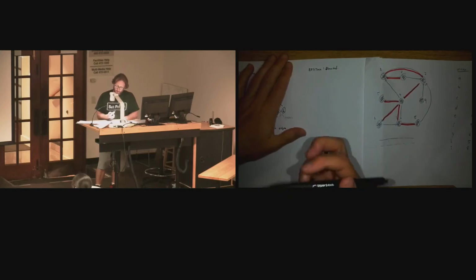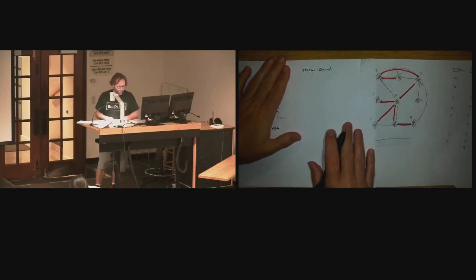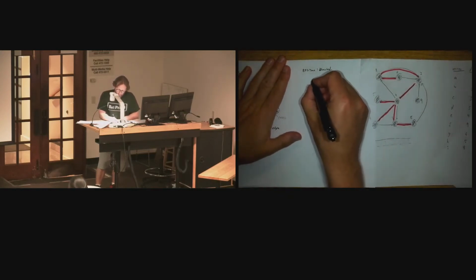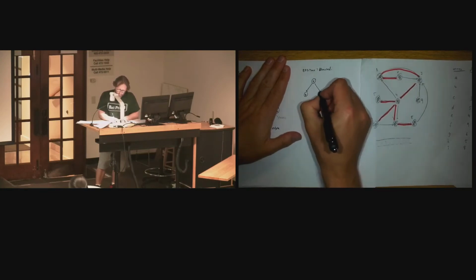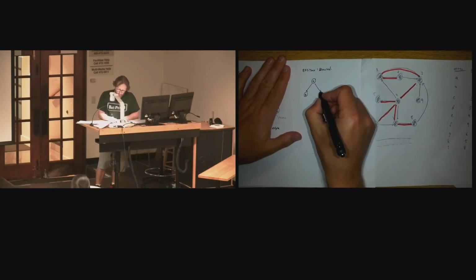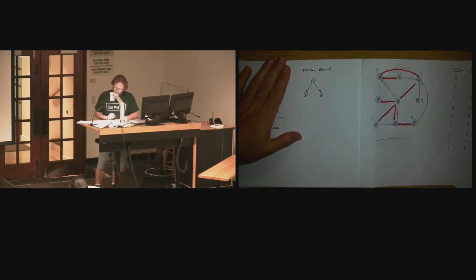So let's go ahead and draw the BFS tree resulting from this. A went to B and C. And I'll keep the orientation there.